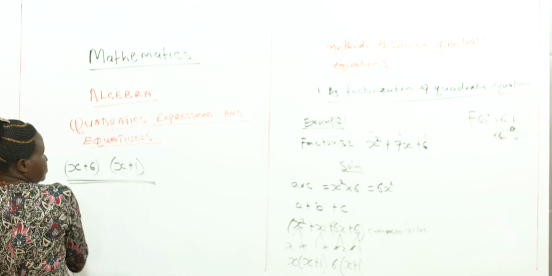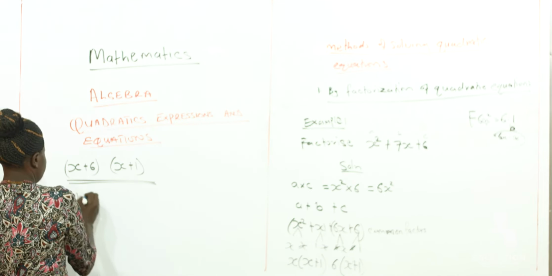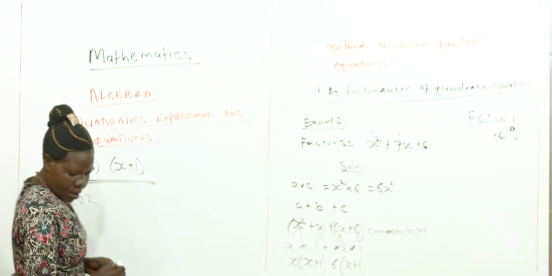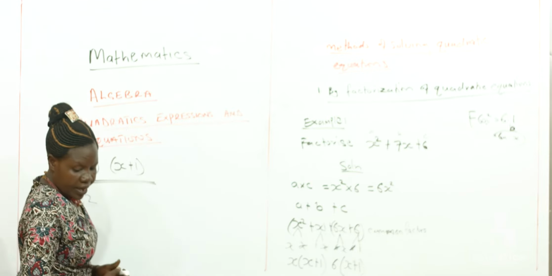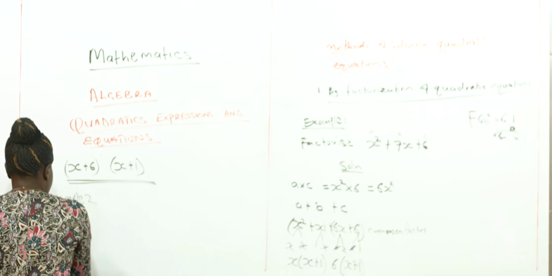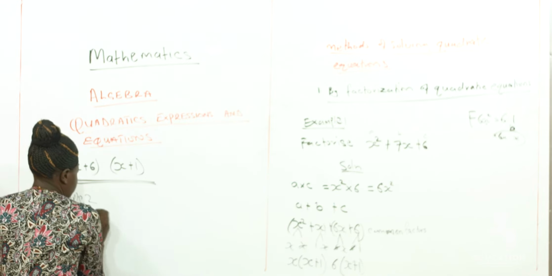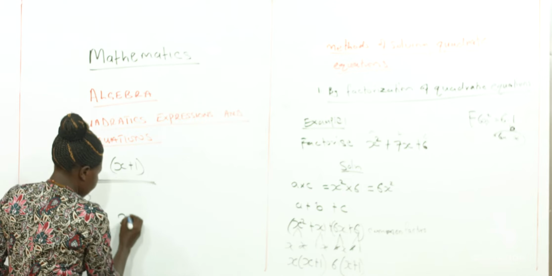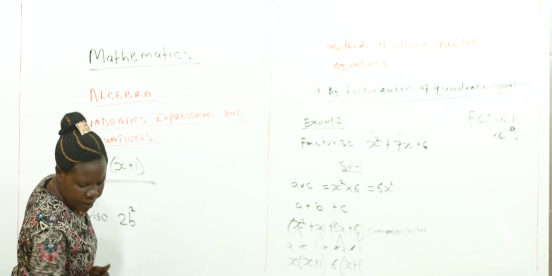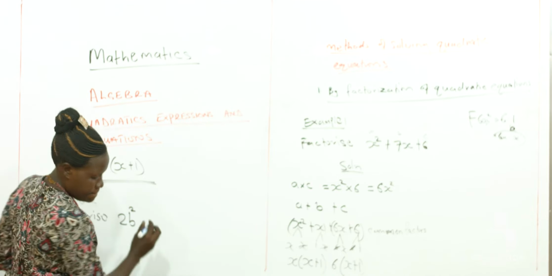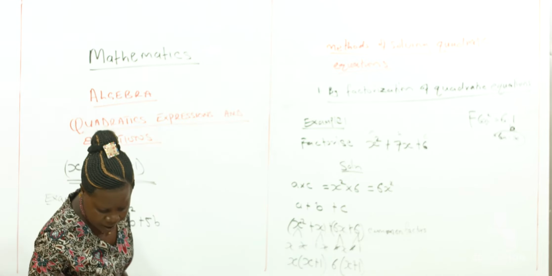Part B, example 2. They would say factorize 2b square plus 5b minus 3.